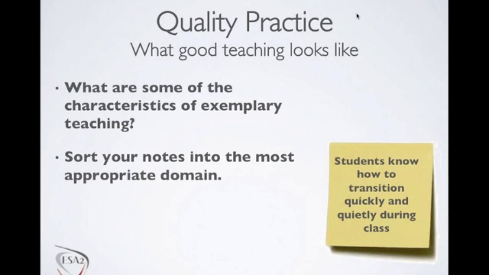How might you sort them in terms of domain? Do those things belong in domain 2 or in domain 3? Domain 1, domain 4, every little bit of evidence has a place. So just think about them and write down next to the notes that you made, is it a domain 2? Is it a domain 3? Where might it fall?